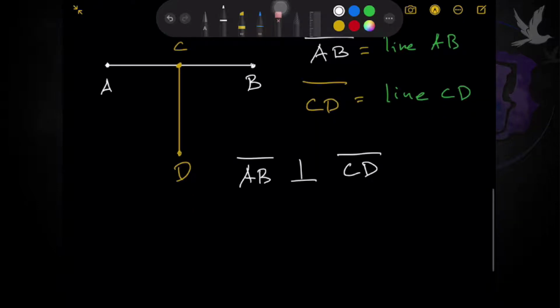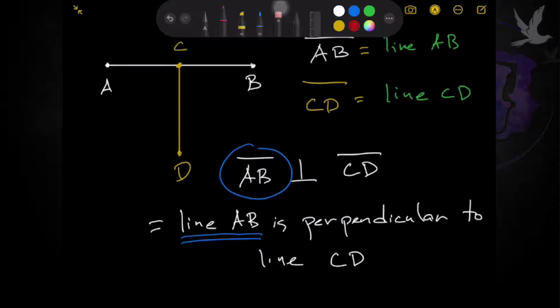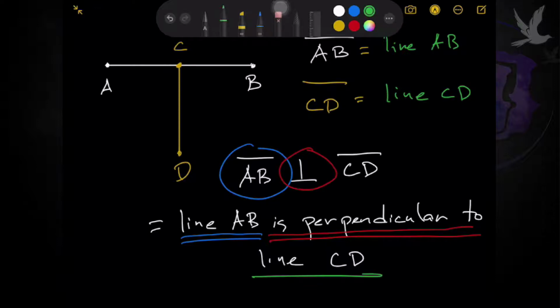Again, the sentence formation of this is line AB is perpendicular to line CD.